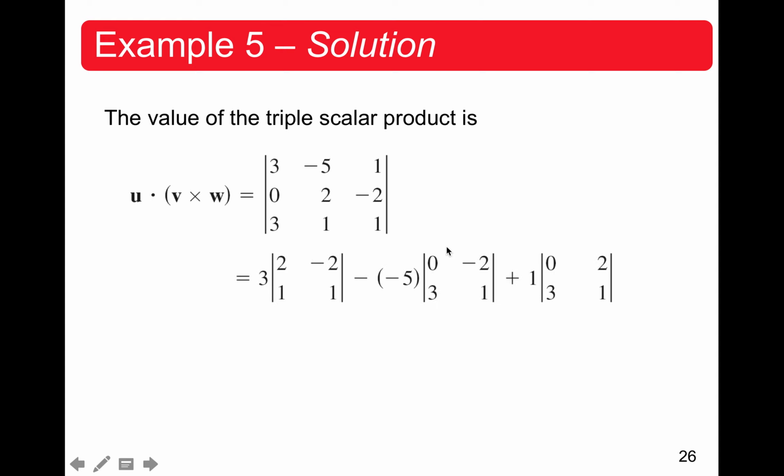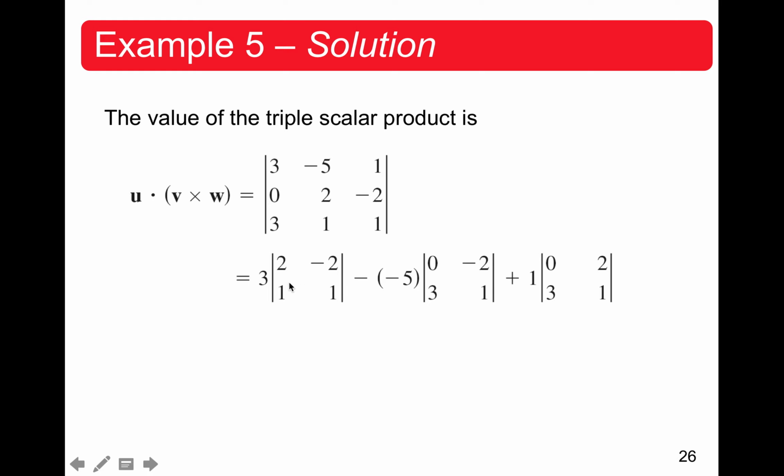So when we take the dot product, we're taking the u values, 3, -5, and 1, and multiplying them by the determinants that we get from doing the cross product of v and w.